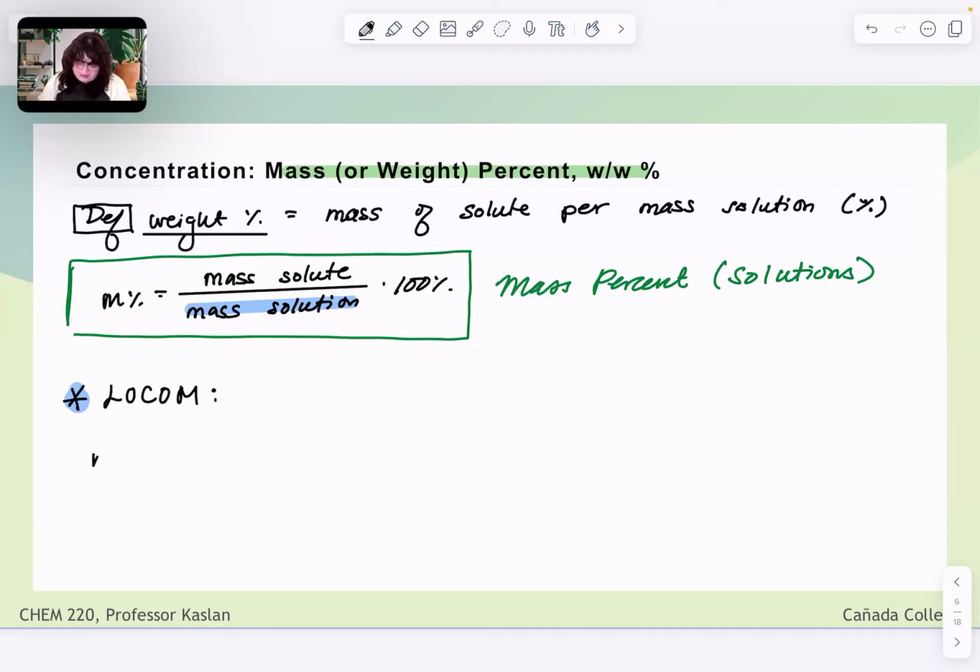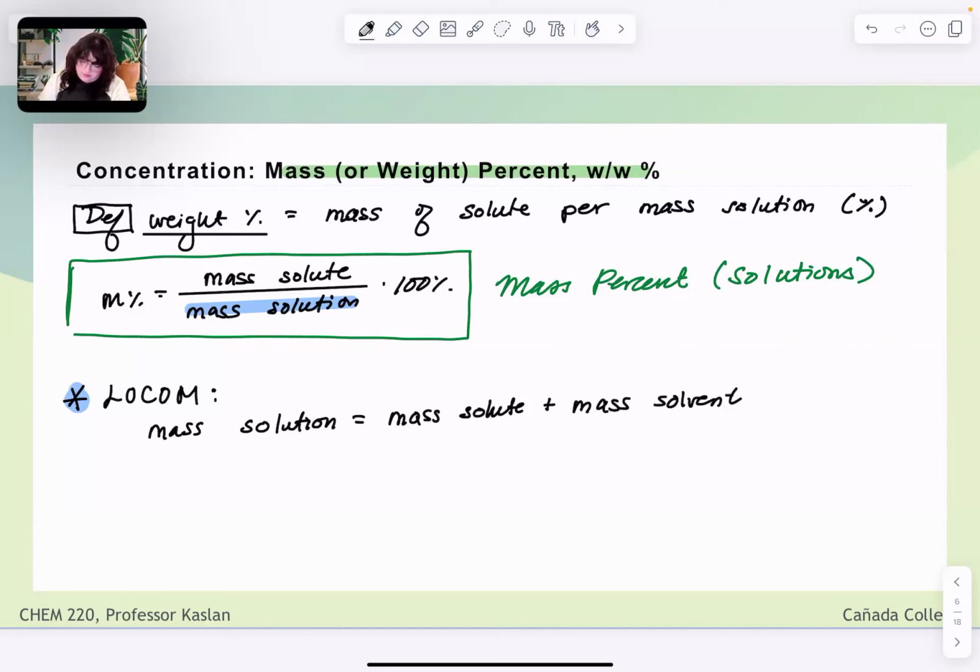So this means that the mass of solution, as we discussed in our density video, has to be equal to the mass of its components: mass solute plus mass solvent.